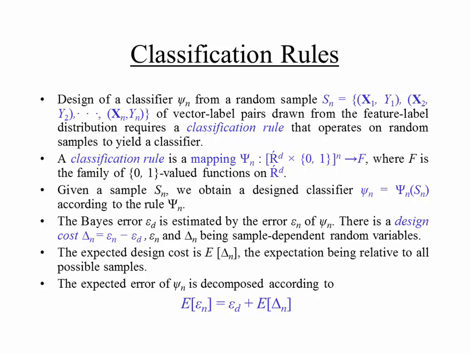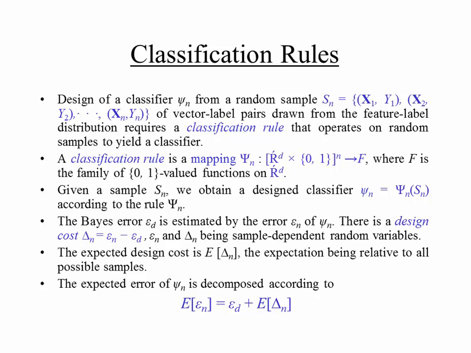Again, it depends on the sample size n, and it takes these n samples of feature vector label pairs, right? So you have a d-dimensional feature vector and a class label, and you have n of them, right? You're going to produce a rule where F is the family of 0, 1 valued functions on R^d, because you're going to spit out the class label, right? So this is going to be either a 0 or a 1, right?